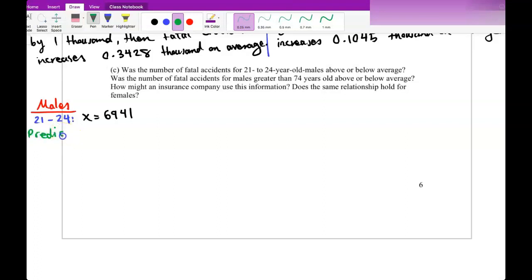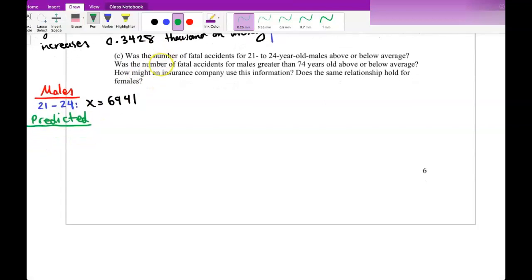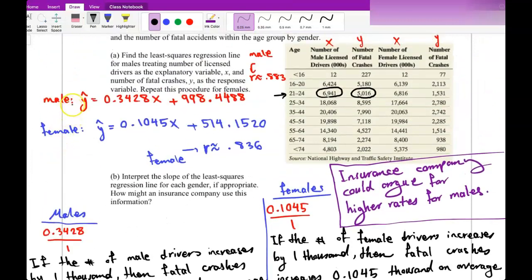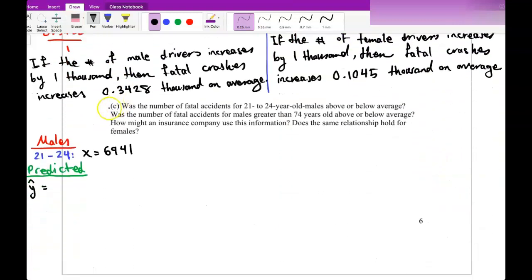Finding what predicted is, y hat is equal to, based on our line here on top, instead of x, we have 6,941. Define predicted value.